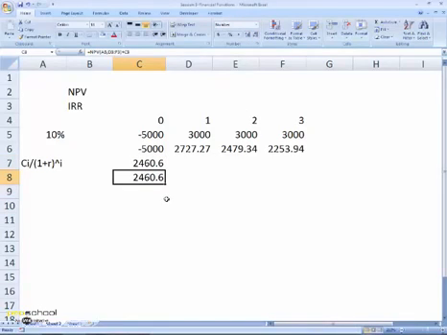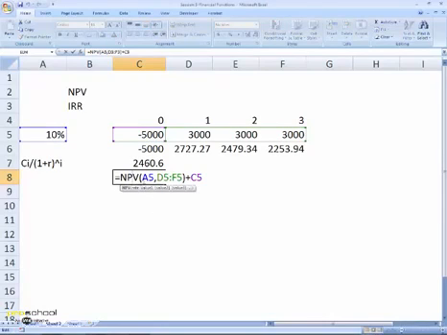So while you are using NPV, just be careful. Just because you have a cash flow, don't discount the entire cash flow. You are bound to get the wrong result. So the correct way of using NPV is, in the NPV formula, only give that cash flow which needs to be discounted and then add the initial investment.